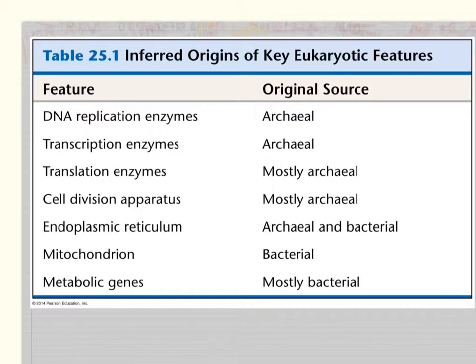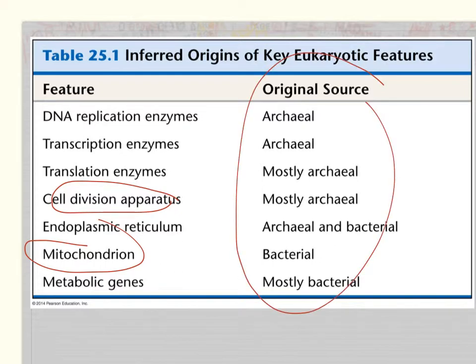So based on biochemical analysis, these are the origins of what we now think are key eukaryotic features, like the apparatus that helps in cell division or the mitochondria. And over here is the source. Now remember, there's two domains of bacteria, the archaea and the bacteria.